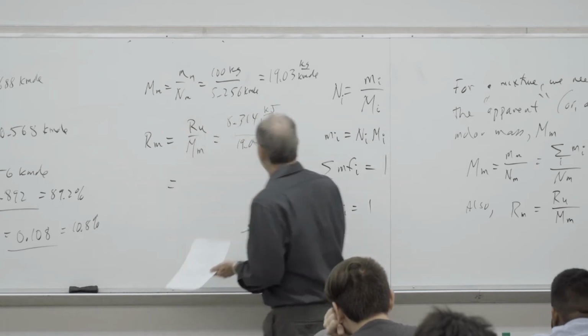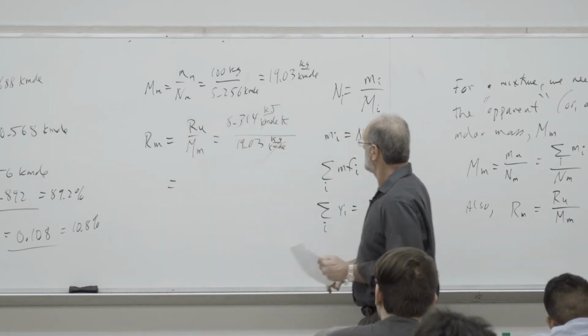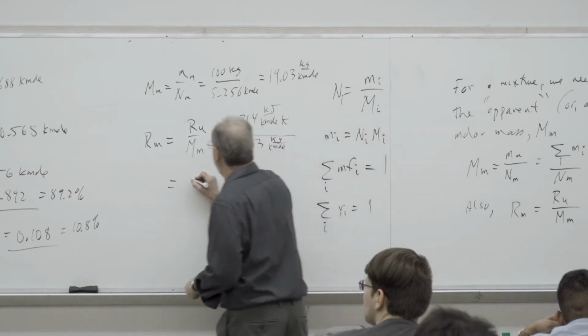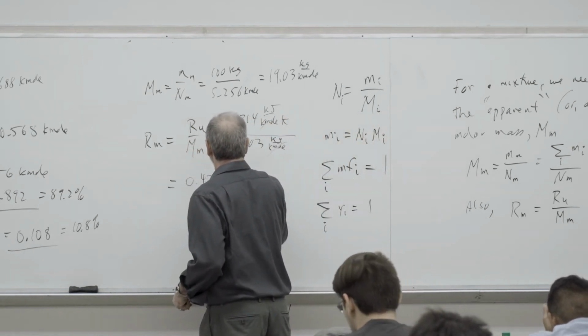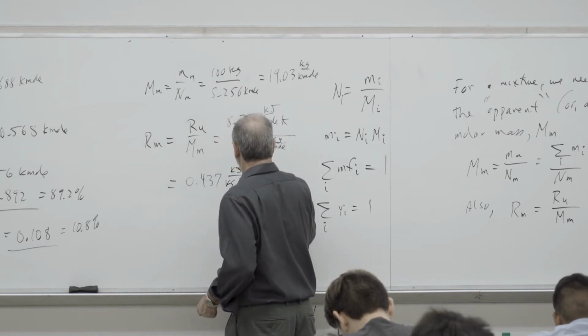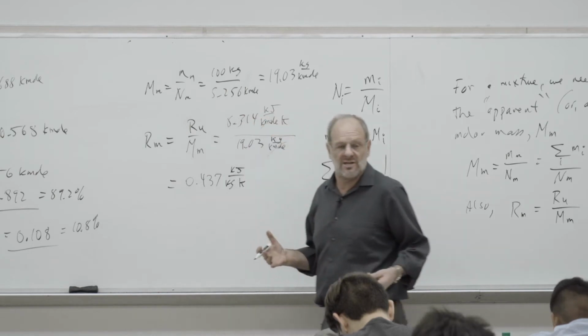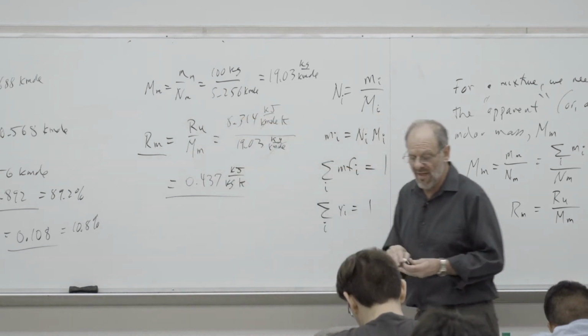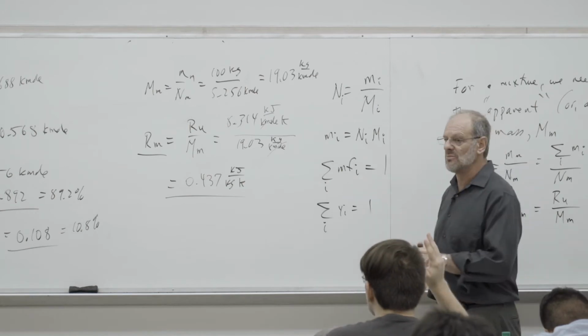So kilomoles cancels. We do our math, and we end up with 0.437. And the units are kilojoules per kilogram per Kelvin, which, of course, are the correct units for the gas constant. So there's an example problem that shows how to use this.